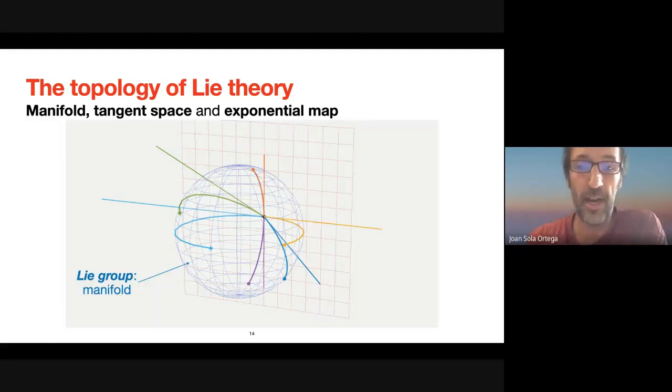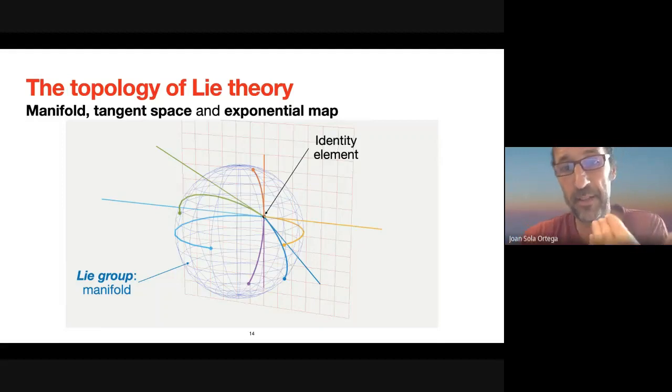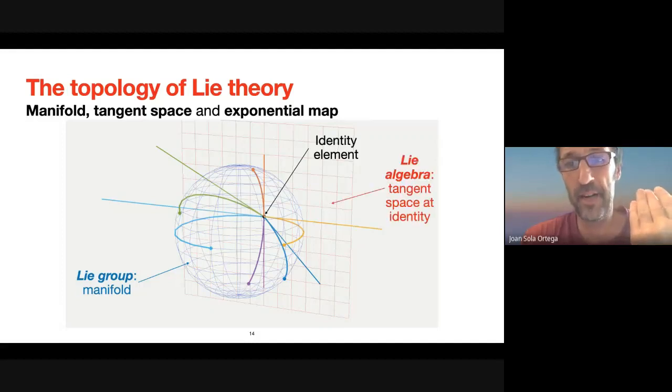Okay, in this manifold, there is a particular element which is the identity. And at this particular element, exactly touching the manifold in a tangent way, you can define the tangent space.